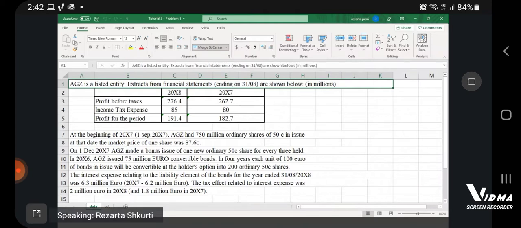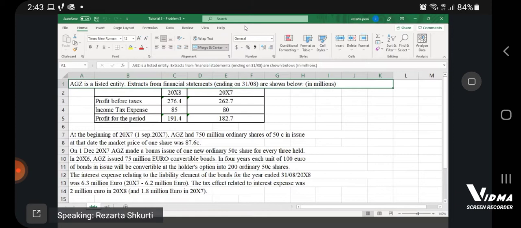Now you have the case of a company whose accounting year is not the same as the calendar year. As we discussed today during the lecture, there are some jurisdictions that require the accounting year to be different from the calendar year, and this is an example of that. The amounts are shown in millions and belong to two consecutive years, 2017 and 2018.